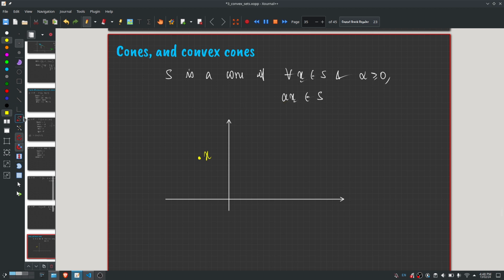Correct. So it's effectively a ray shooting from the origin and passing through x. So S is a cone only if the ray from the origin passing through the point lies completely inside the set for all points, right?